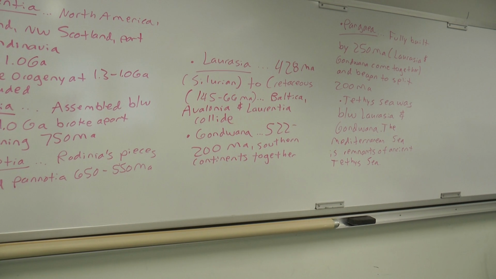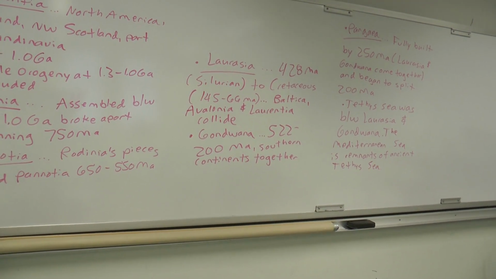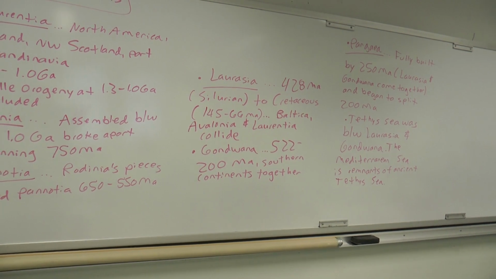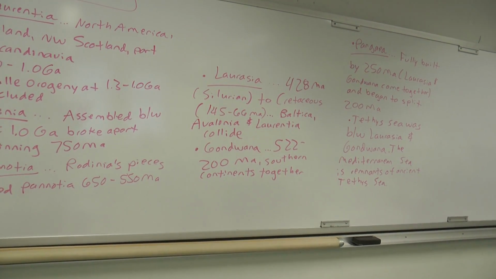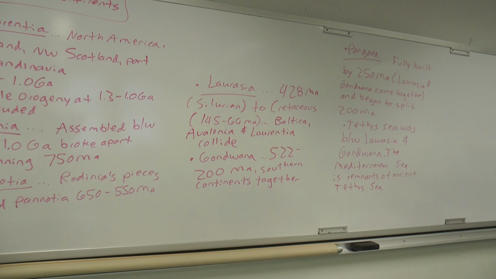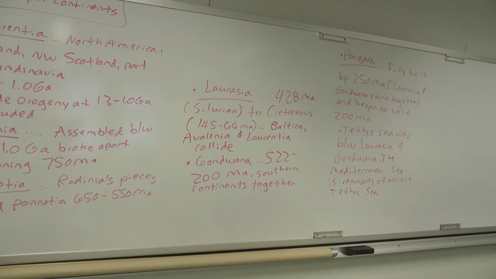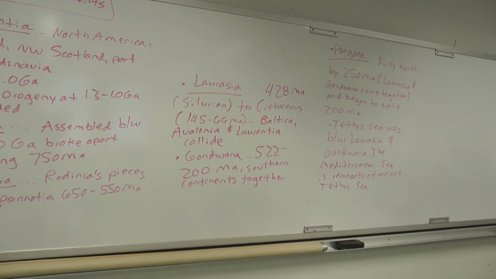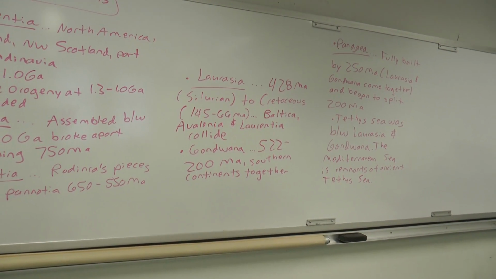But first let's talk about Gondwana. I think I mentioned before, in Chapter 3, Plate Tectonics, all we said about Gondwana, it was the southern continents together. And I might have mentioned then that Gondwana lived a long time. Okay, so Gondwana, southern continents together, existed from roughly 522 to 200 million years ago.